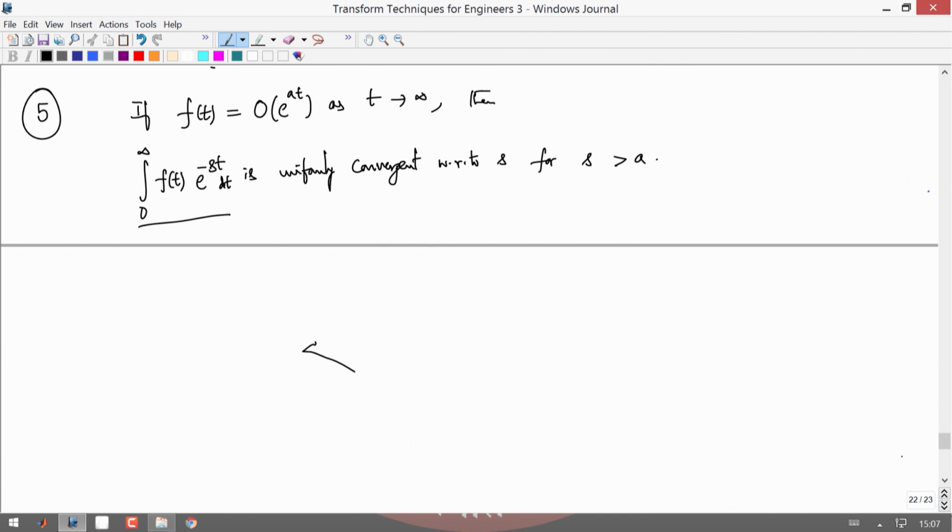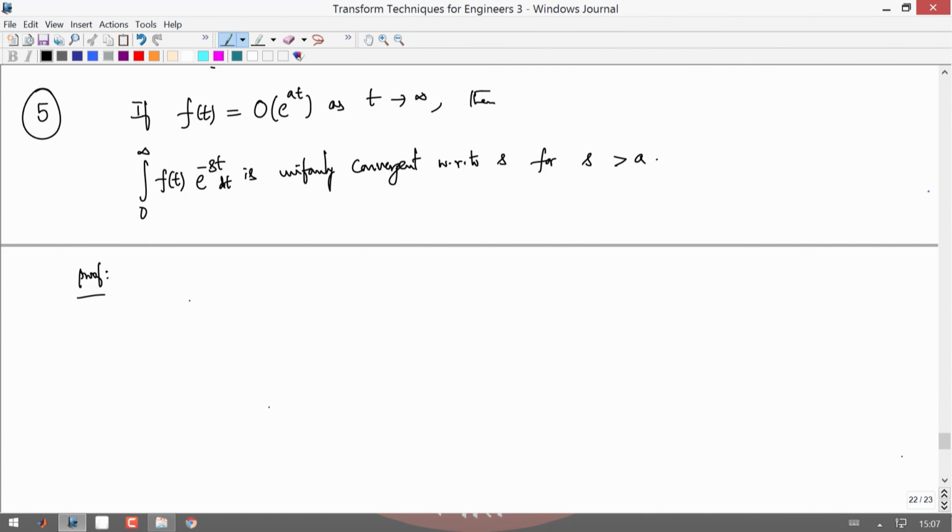So we see the same thing as a function of s: if it is bounded by some other integral which is independent of the variable s, then you say it is uniformly convergent. This is simple to prove. Let me give you the proof.